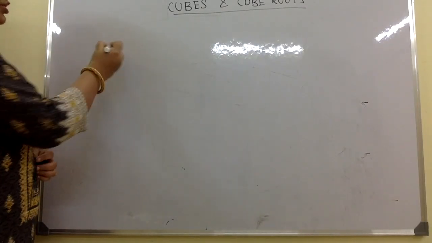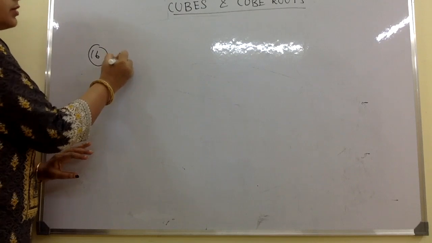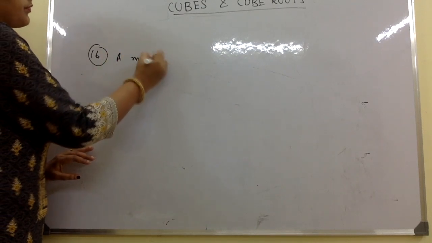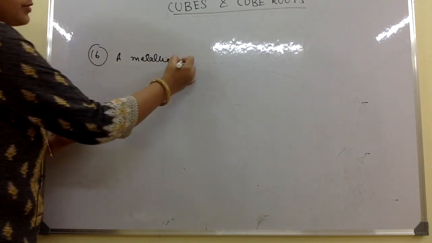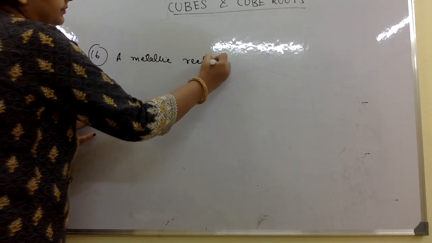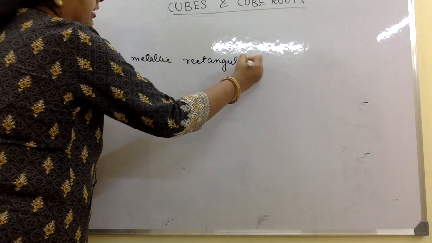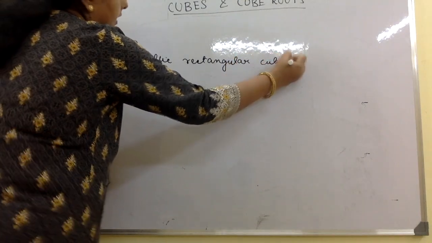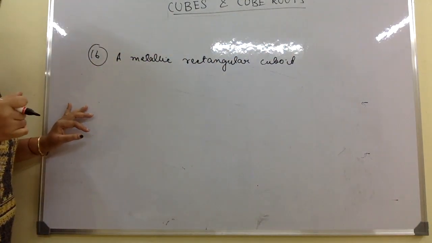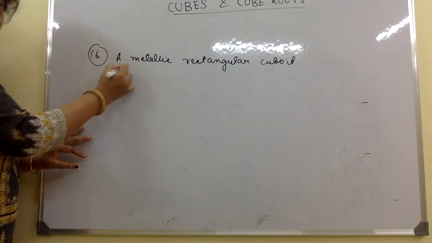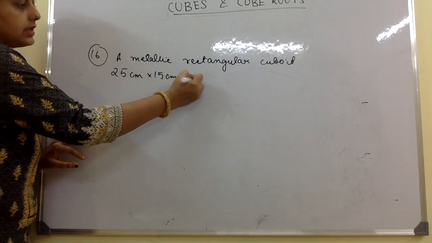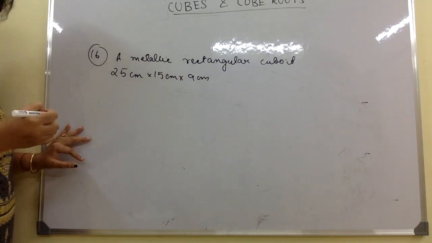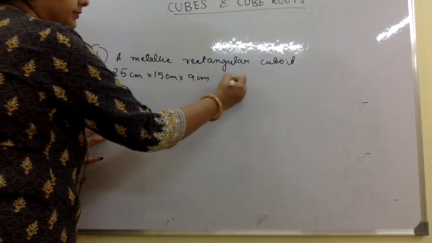Now there was a question, 16th question, a metallic rectangular cuboid 25 centimeter into 15 centimeter into 9 centimeter was melted to form a cube.